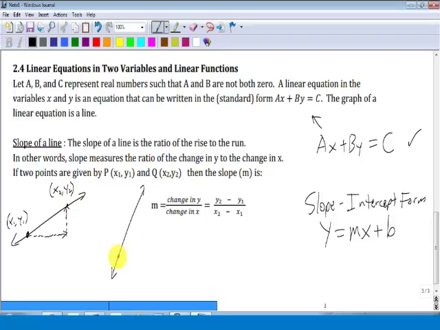Similar sort of thing here. If you move from the point x sub 1, y sub 1 to the point x sub 2, y sub 2 on that straight line, we want to compare the vertical change, it's almost vertical, to the horizontal change that takes place.